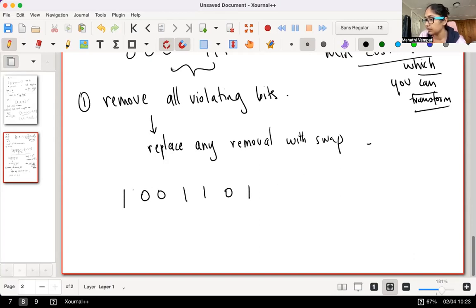You can't greedily go and do it, right? Here I could consider 1 violating, but if the rest of the string was 1, 1, 1, that wouldn't be. So that's not clear how to compute.